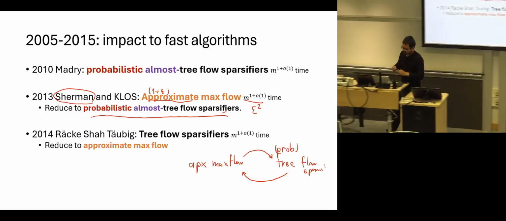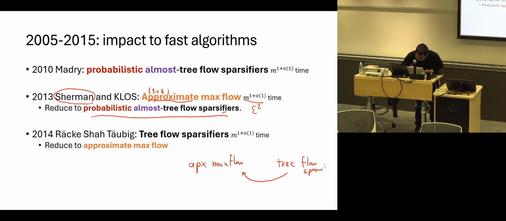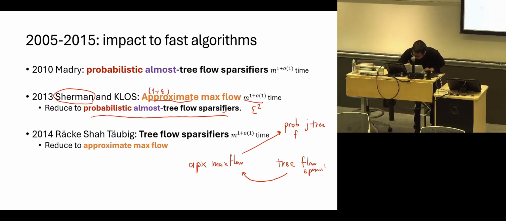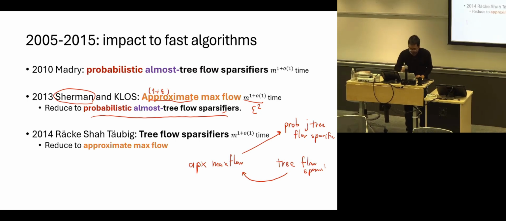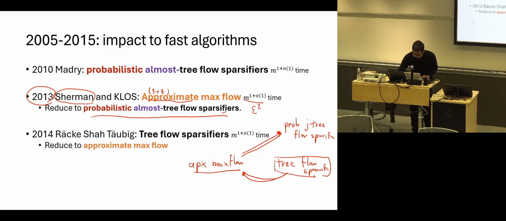Actually, maybe I should say this: probabilistic J-tree flow sparsifier. If you want to solve this, this thing shows this one. And to get tree flow sparsifier, it's now enough to just use approximate MaxFlow.